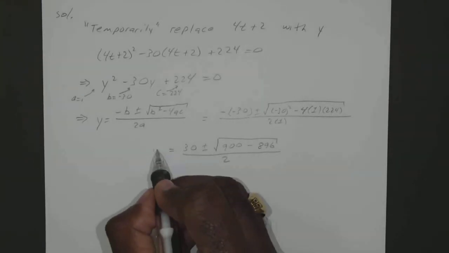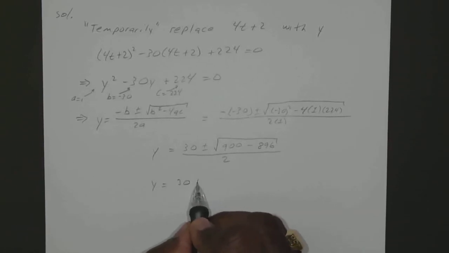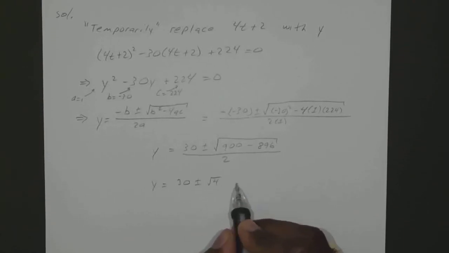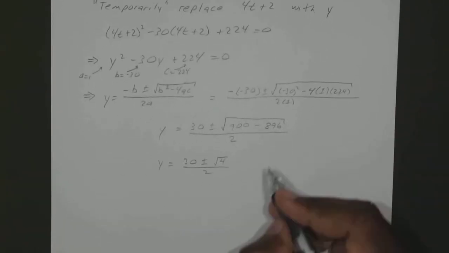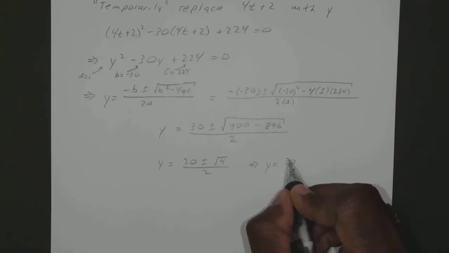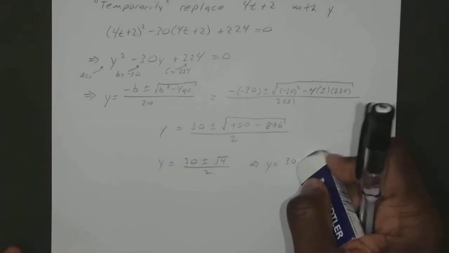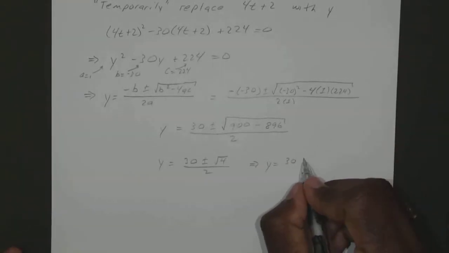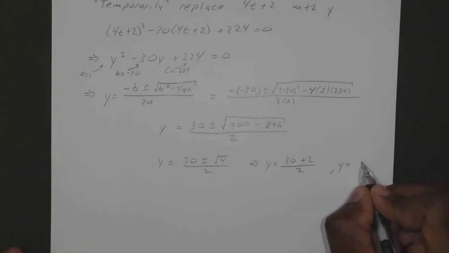Make sure I bring down the y. It gives us 30 plus or minus square root of 4 over 2, which simplifies to y equals 30 plus or minus 2 over 2. Go ahead and separate it now. So y equals 30 plus 2 over 2, or y equals 30 minus 2 over 2.